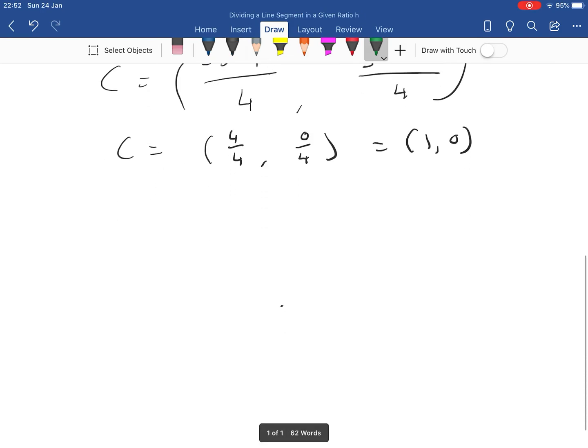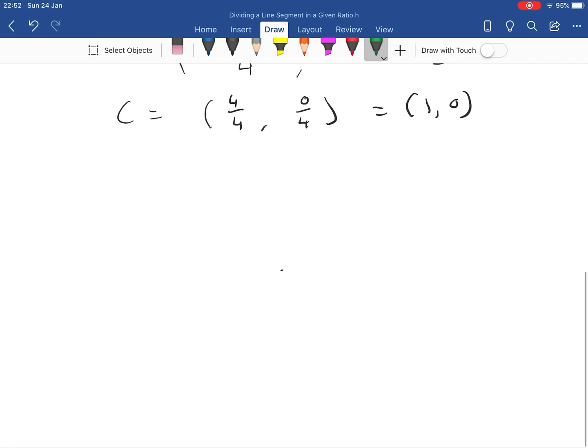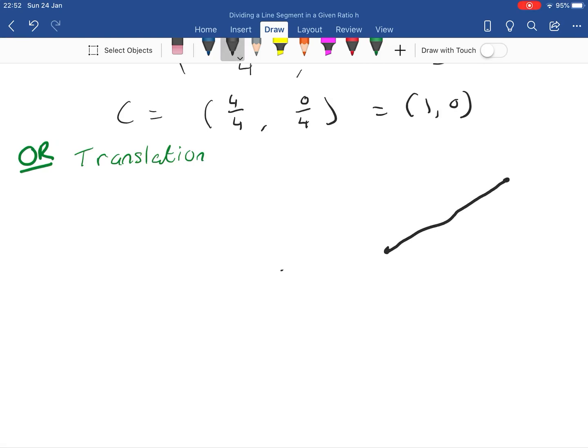The second method that I want to look at here is we could have also found it by translation. If you can imagine if we actually draw this line, really quickly here, as best I can.